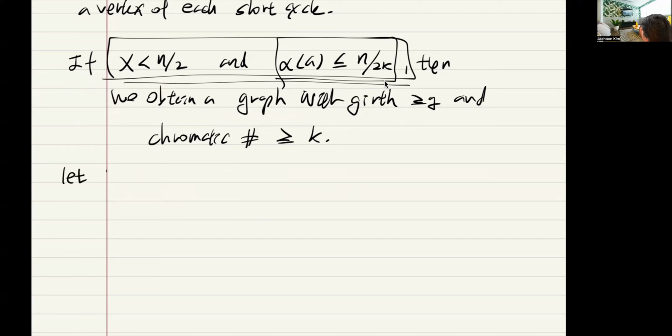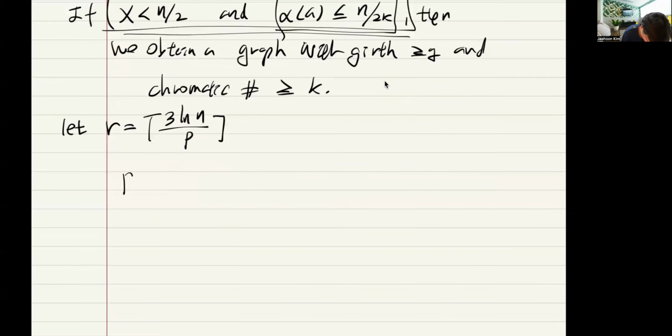So let R be 3 log n over p. Then what? The probability that the independence number of G is bigger than R is what? You can upper bound it. So what does this mean? This means that one of the sets of size R forms an independent set, right?